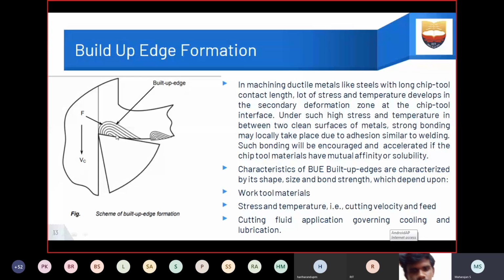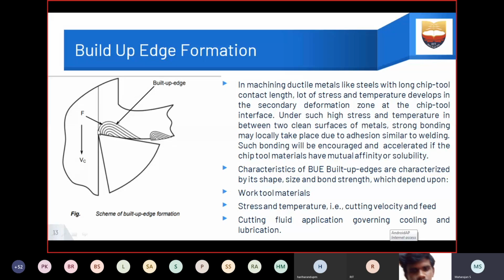At the same time, the rack angle gets minimized. The rack angle is getting minimized. We need to give more force onto the work material. Another important thing: if the build-up edge is detached from the cutting rack face, it goes with the chip. There is no problem. Otherwise, what happens?